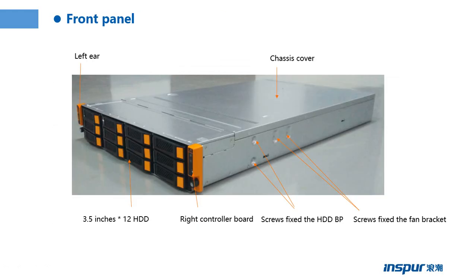This picture shows the front panel. From this picture, we can see on the left here there are two front USB ports, and the right controller board. There are the power button, UID button.